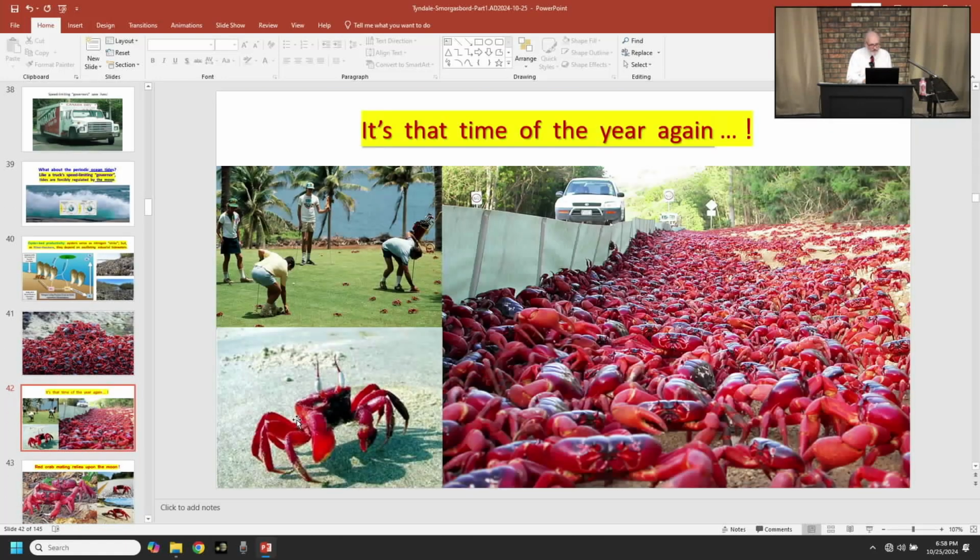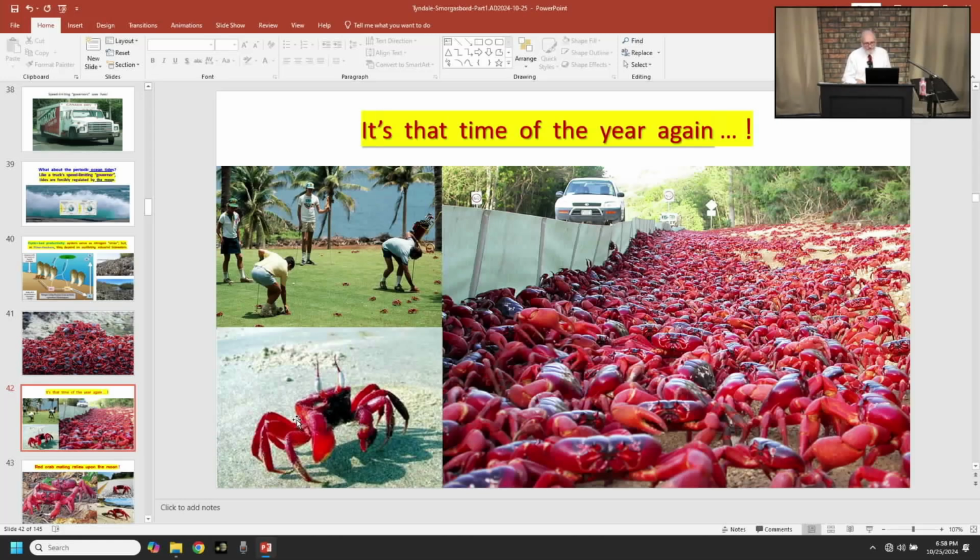So we'll see just a quick example of that. These are Christmas Island red crabs. And once a year, the adults go to the seashore to start the next generation of red crabs. And they just head to the shore. And if there's a golf course in the way, that's okay, they just go across the golf course.